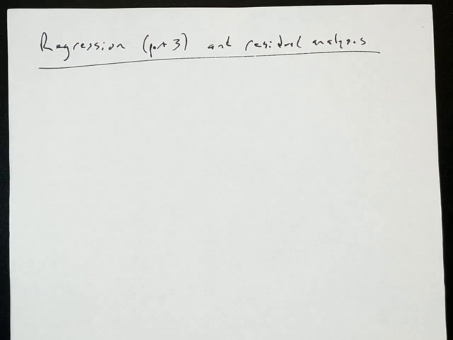I want to do a little bit more of a close analysis of what's going on and all that information we get when we do the regression calculation in Excel. So I want to go back to the example about shipping costs.